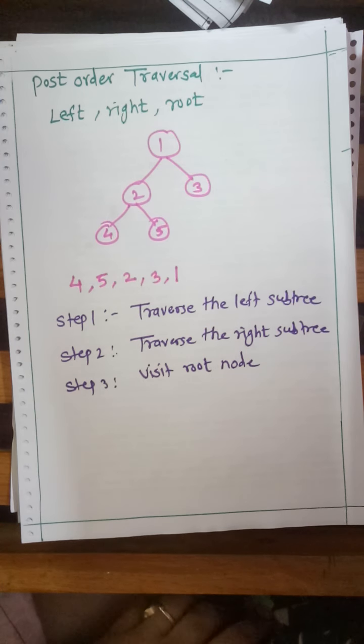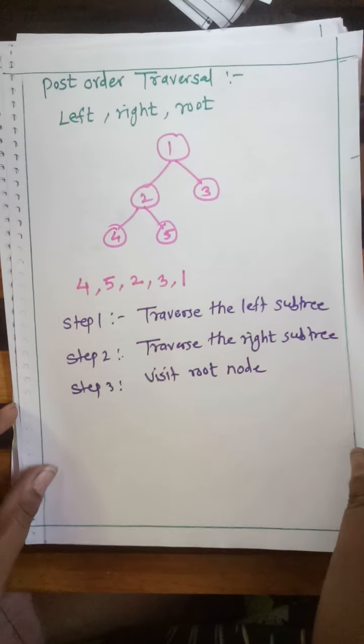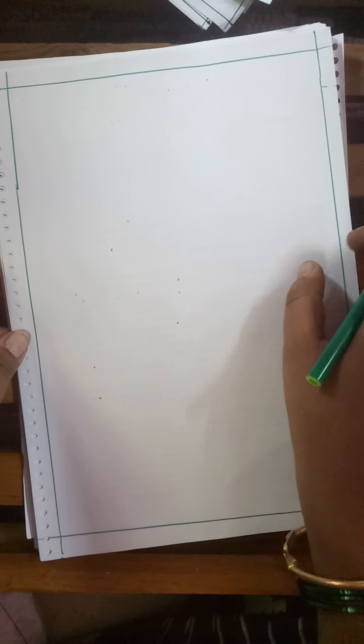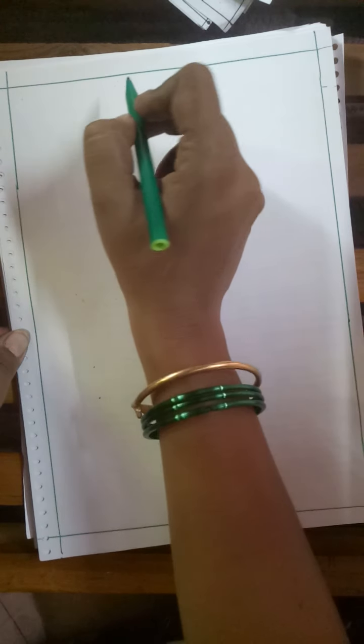Now friend, suppose consider the tree. I will write that tree here, and you send me the answer of this tree. You can traverse it with the help of in order, pre order and post order.